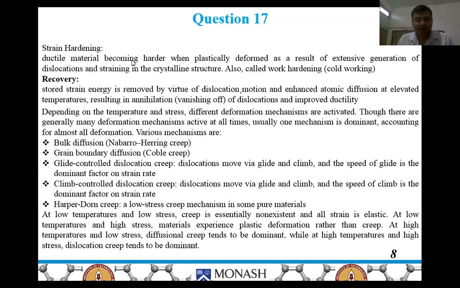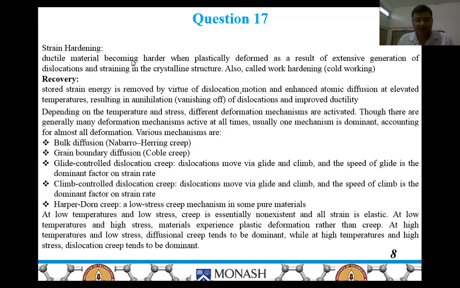So the various mechanisms are: first, bulk diffusion, that is Nabarro-Herring creep. Second is grain boundary diffusion, also called Coble creep. Third is glide controlled dislocation creep, where dislocations move via glide and climb, and the speed of glide is the dominant factor on strain rate.